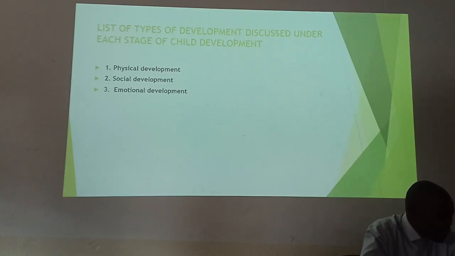These are the types of development discussed under each stage of child development. So we have physical development, social development, and then emotional development.